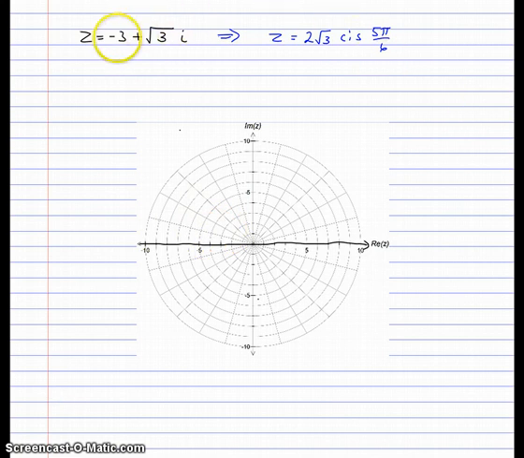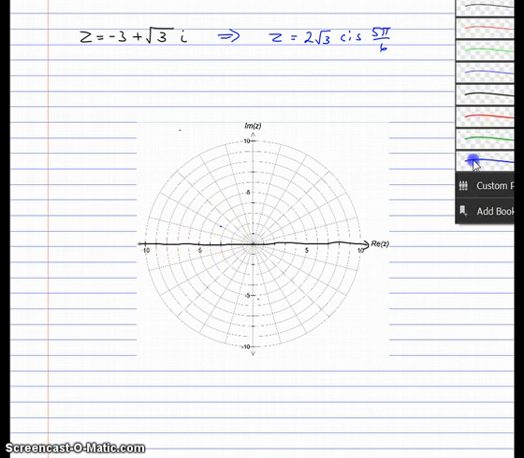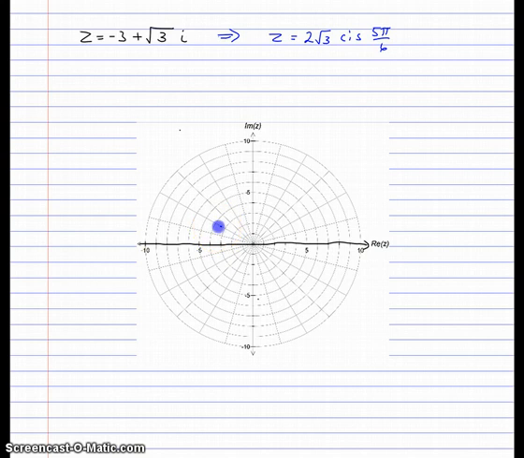Now we can still use our rectangular coordinates, because that's going to help us to get our position. Negative 3, across here, and up to the square root of 3, which is about 1.73. But we know anyhow, if we go straight up from negative 3, it's going to hit here right on our angle that we want. So that's the angle. I'll choose a different colour pen. Go for blue.